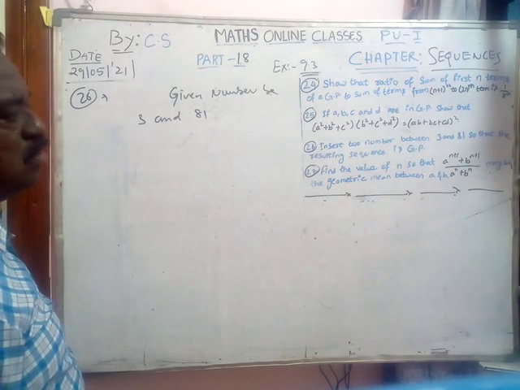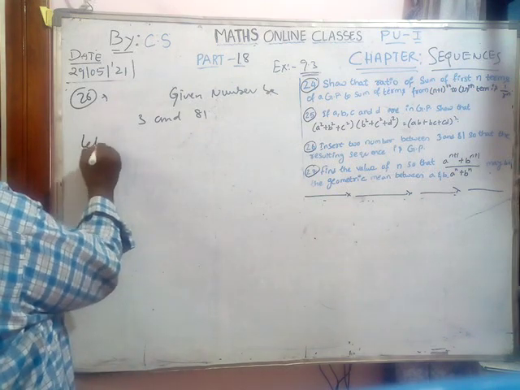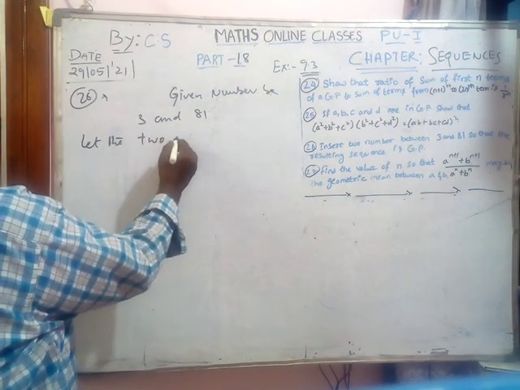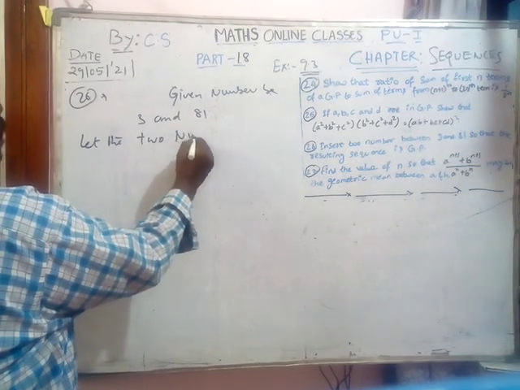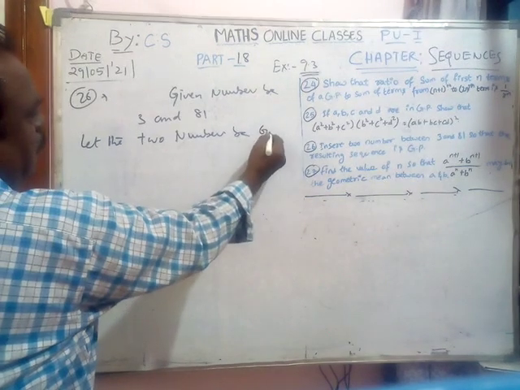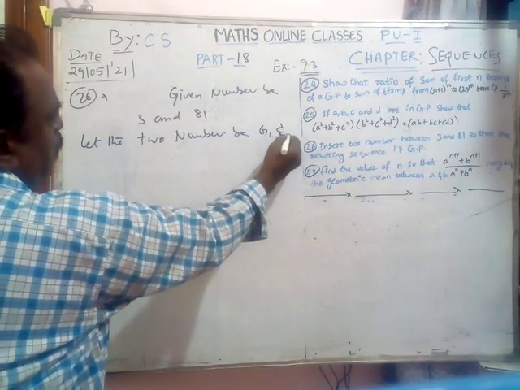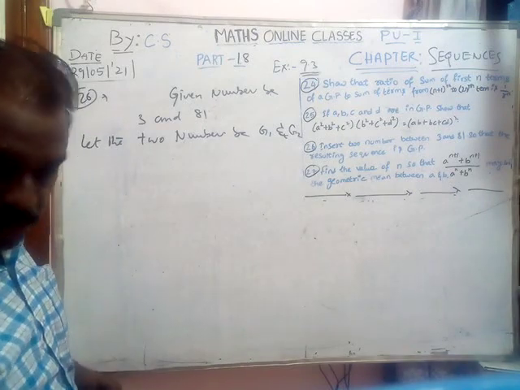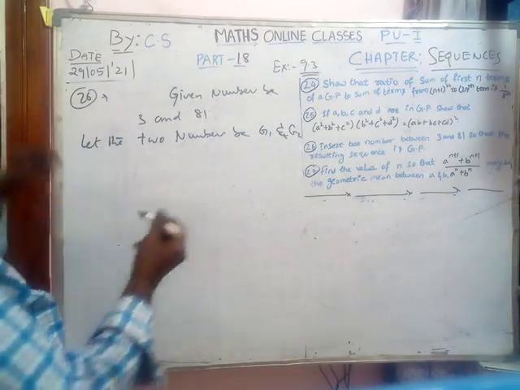And we have to insert two numbers. Here, let the two numbers be G1 and G2. Here it is important: G1 and G2.